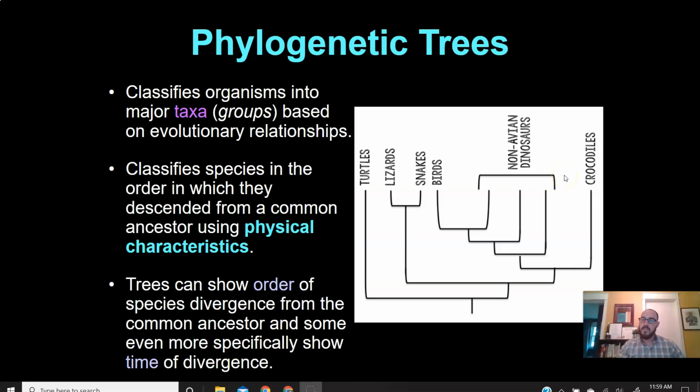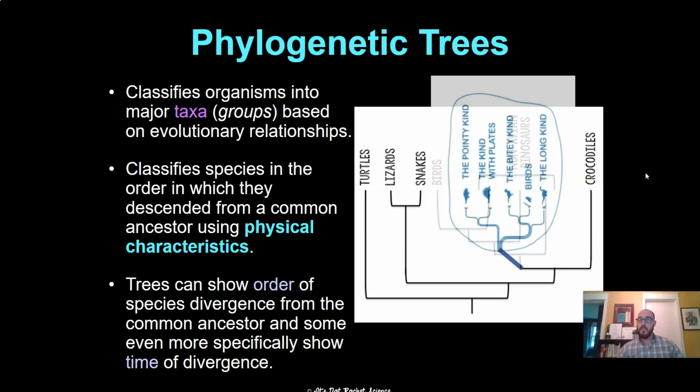Well, what is a non-avian dinosaur? That means non-bird-like, and you can see some of those here. So these are going to be your theropods that walked on two legs that are more similar to birds. And these are going to be stuff like your Stegosaurus and Triceratops, which are more distantly related to birds that are currently alive.